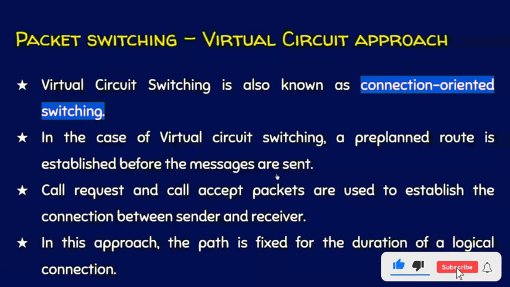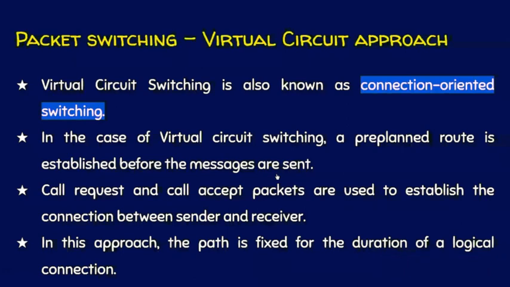It means before sending the messages, some route is decided using some virtual circuit identifier. So there will be a virtual circuit identifier followed in the scheme, and this route is decided before the data are sent. Call request and call accept are special packets that are used in this scheme to establish the connection between the sender and the receiver.